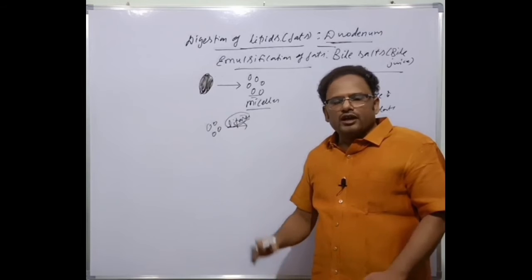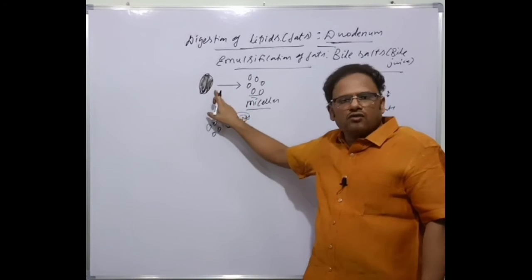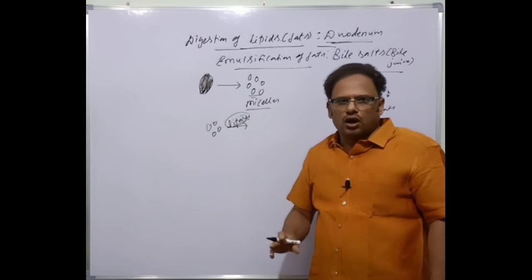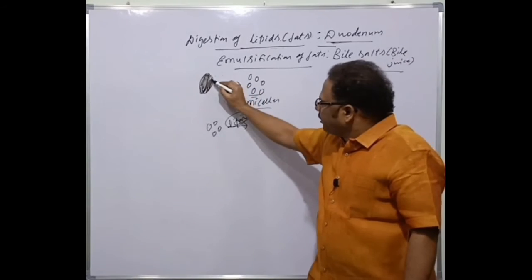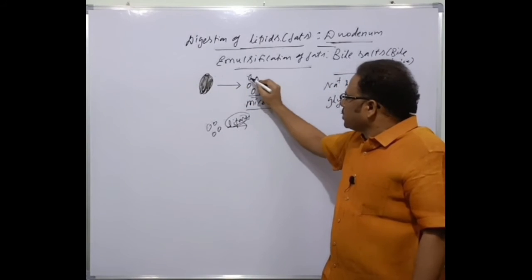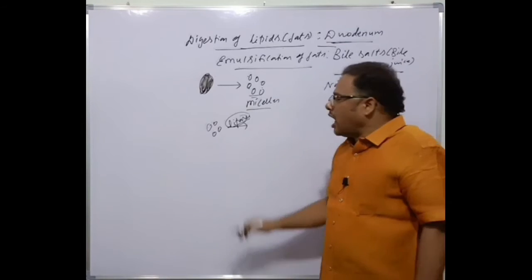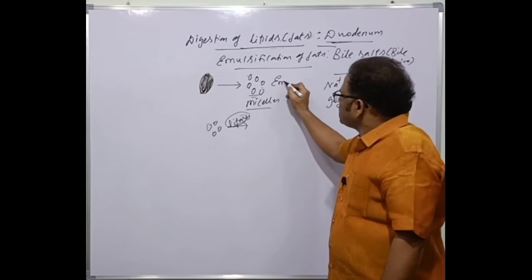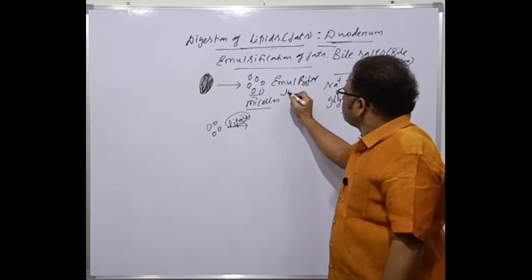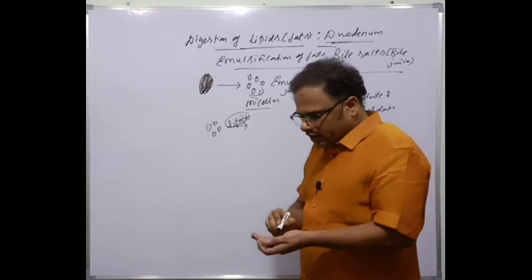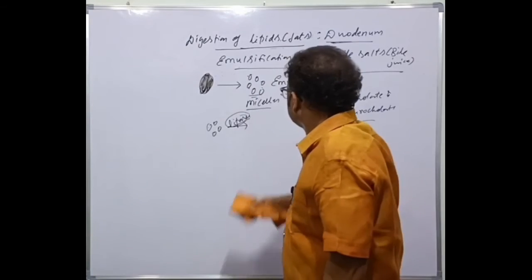The end products of fat digestion are fatty acids and glycerol. How is this accomplished? The larger fat molecules are broken down into smaller fat molecules, called emulsified fats. So now the emulsified fats are formed.